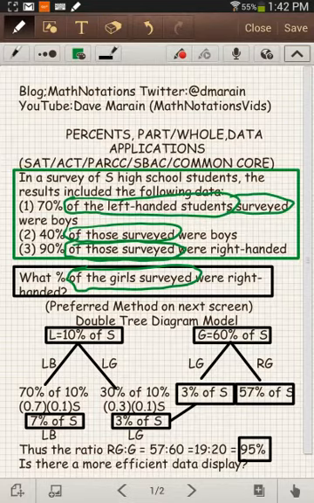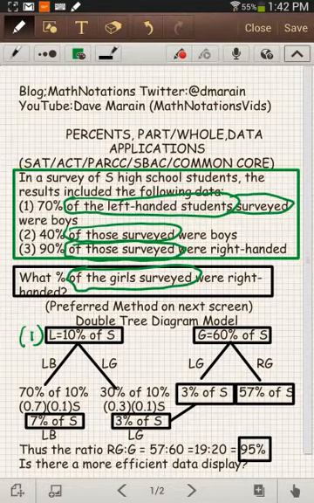Anyway, on the left side, we're dealing with the left-handed students because this corresponds to condition number 1 up above here. 70% of the left-handed students. And the left-handed students represent only 10% of those who were surveyed.